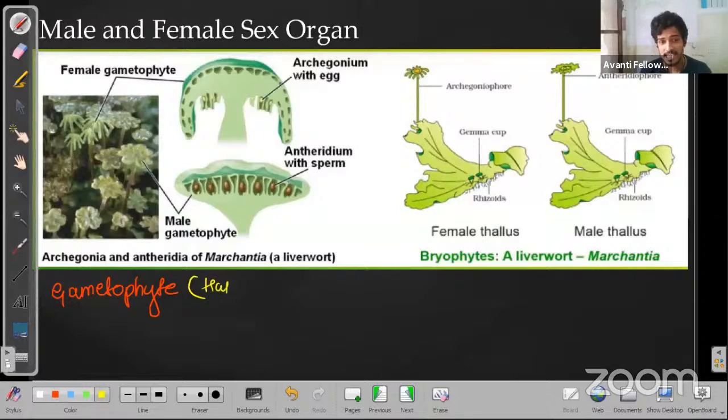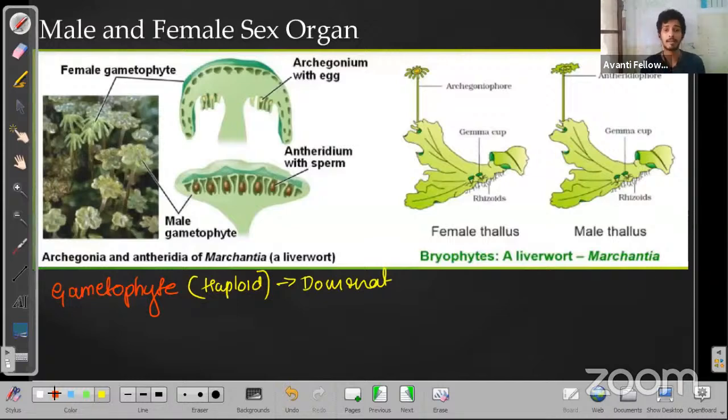All those bryophytes we are watching, all the visible structures, have the haploid organization in their chromosomes. Only one set of chromosomes is present. So that is the gametophyte. Sporophyte we will discuss later. Gametophytes are the dominant phase in this.